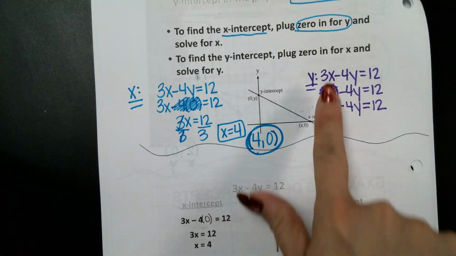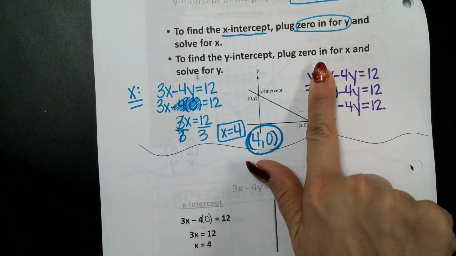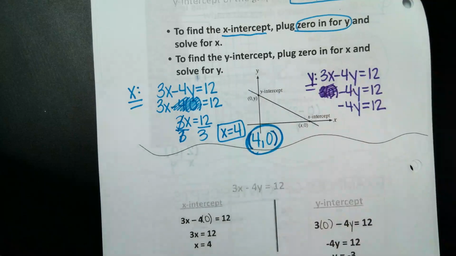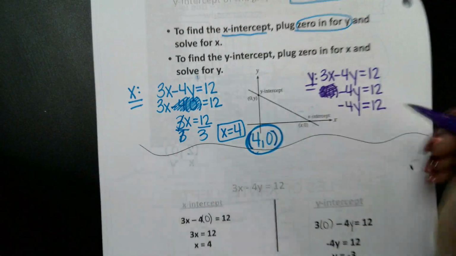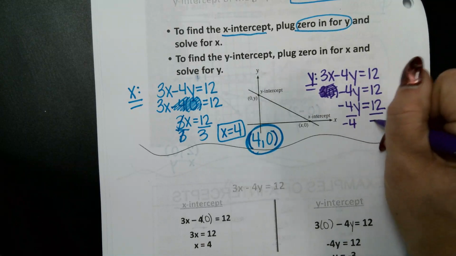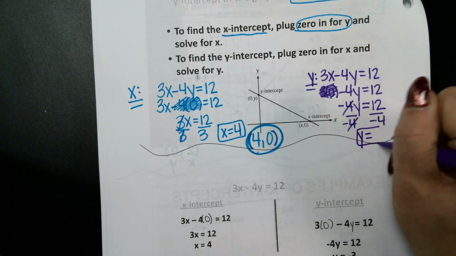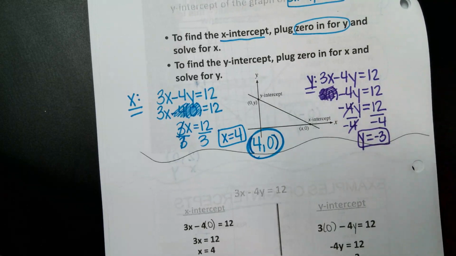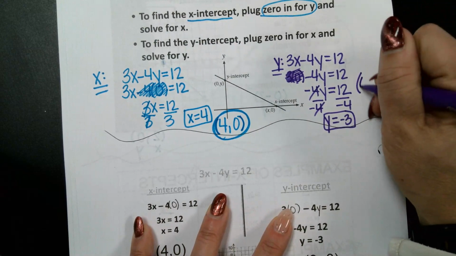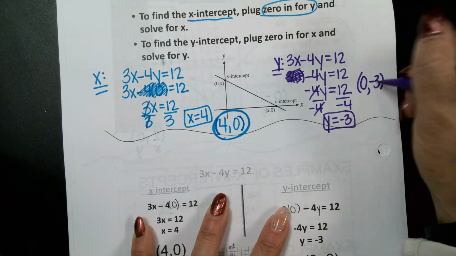Wouldn't I have gotten that if I had just covered up my x term in the beginning? Yeah, if I cover up the x term, look, it says minus 4y equals 12. So that means negative 4. And we divide by what number? Negative 4. So y is equal to what? Negative 3. And when you write that as an ordered pair, this time the 0 goes first, and then whatever you just found, that goes second.